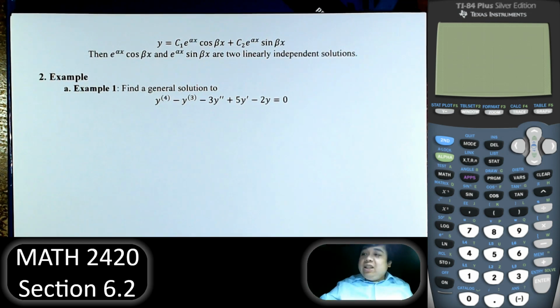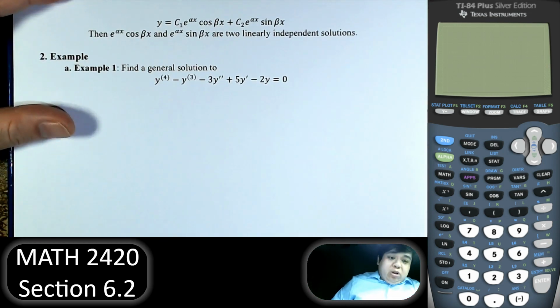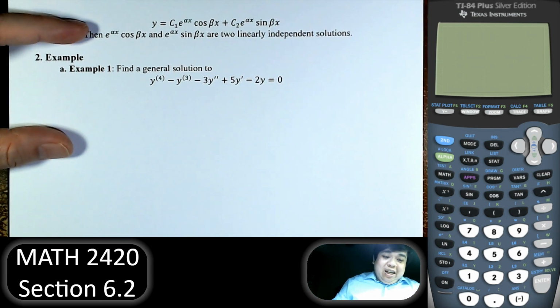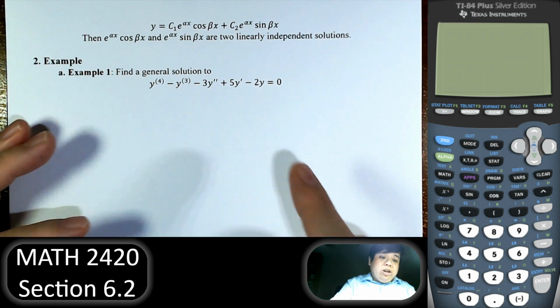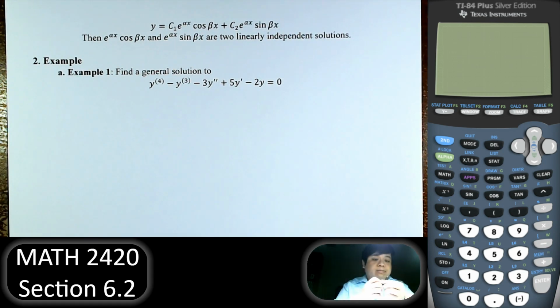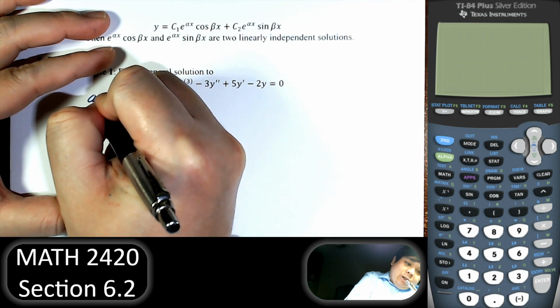So simple enough, right? Now we're going to solve this linear equation of high order. Of course, the first thing we do is convert this equation into the auxiliary equation.